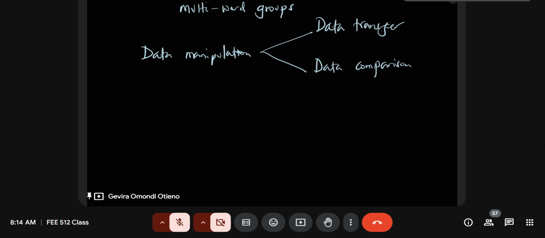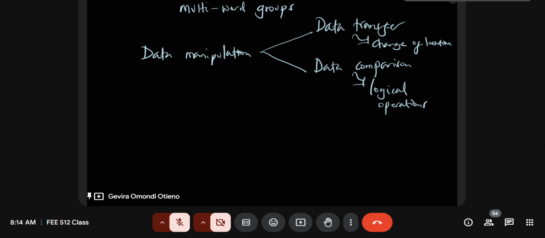So this only affects change of location, but here we would want to do a lot more. We would want to do logical operations with that data. So once we understand some of these techniques, then data manipulation instructions would be a done deal for us.